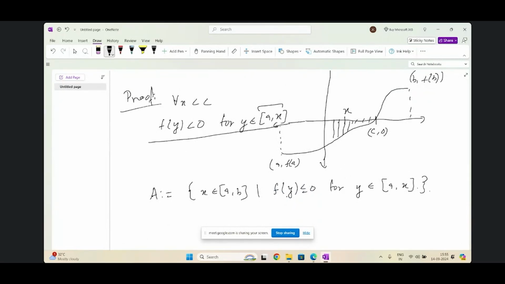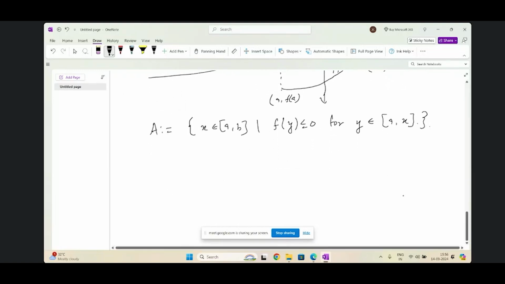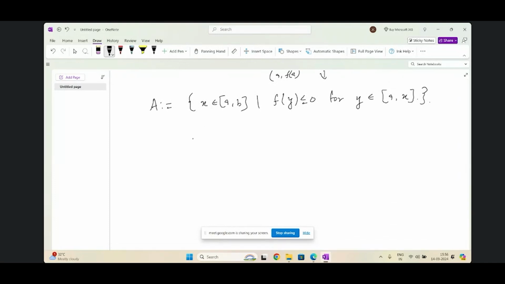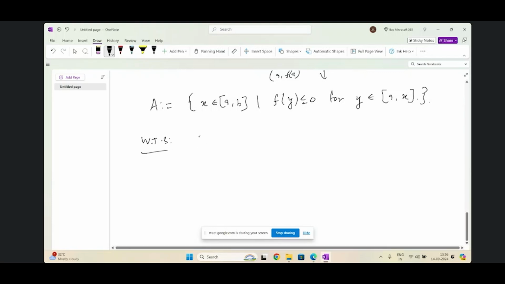I am collecting all elements of [a, b] such that f(y) is less than or equal to 0 for y belonging to [a, x]. Now I want to use the LUB property on this set. So what do I want to prove? I want to show A is non-empty and bounded above.